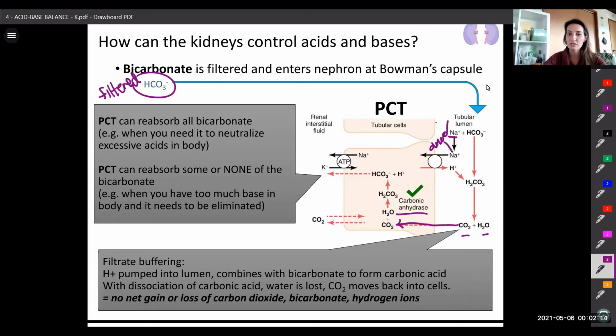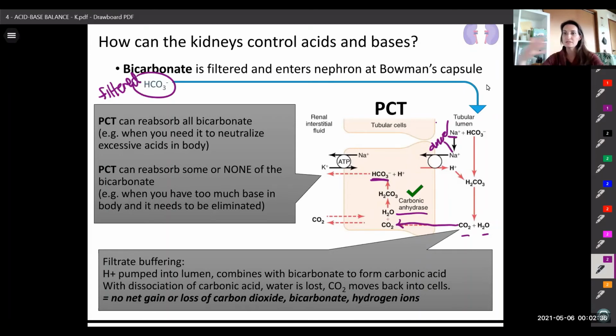But if carbonic anhydrase is activated, then we combine our CO2 and water, we get carbonic acid that dissociates, and the bicarbonate can be reabsorbed again. And the hydrogen ion, right, can be pumped back out into the filtrate to combine once again with the incoming bicarbonate.